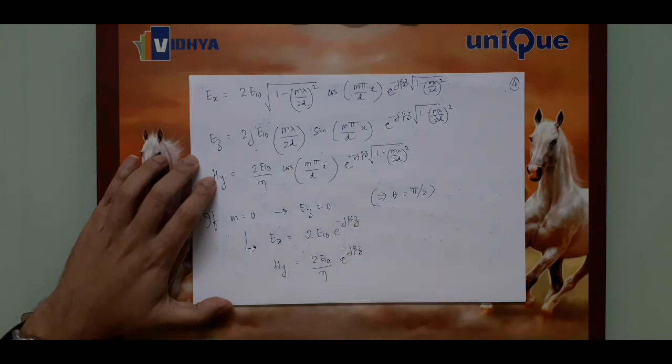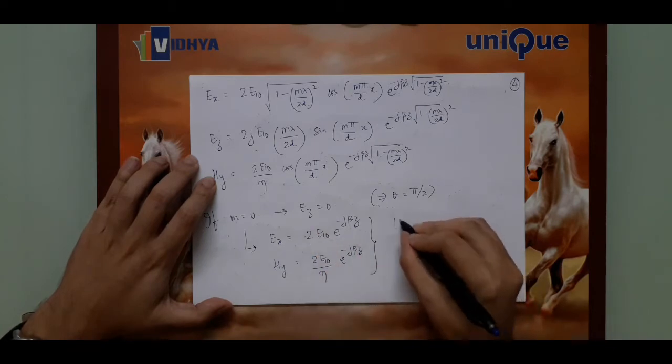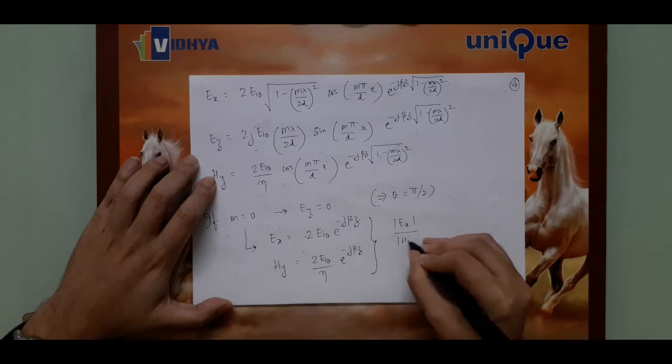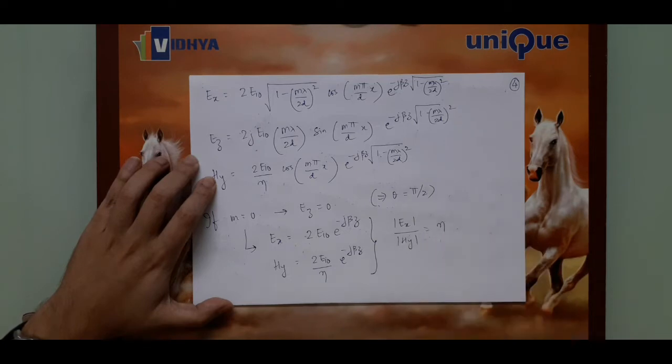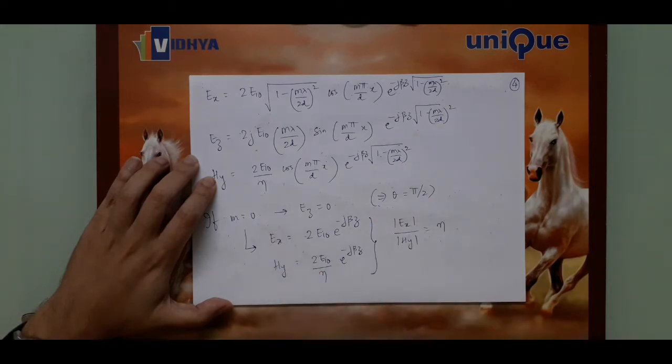The other two exist in a hale and hearty manner, and what we can see over here is that mod of Ex divided by mod of Hy is actually equal to eta. So therefore, the Ex and Hy essentially constitute a wave which is flowing towards the z direction.